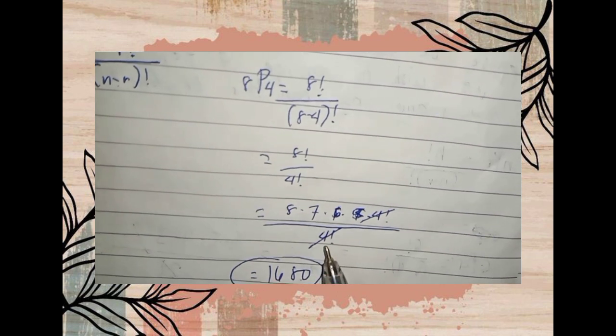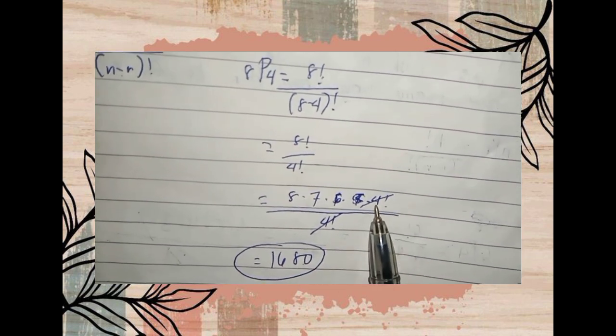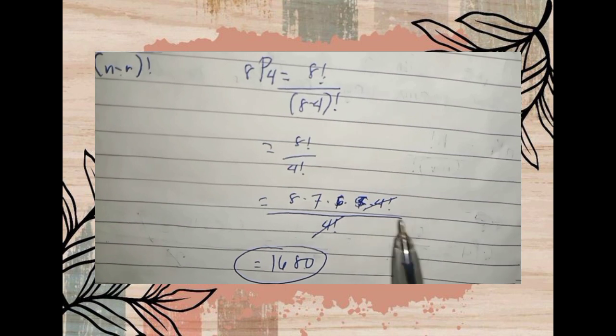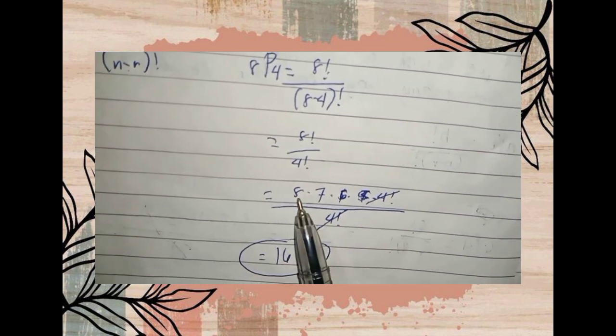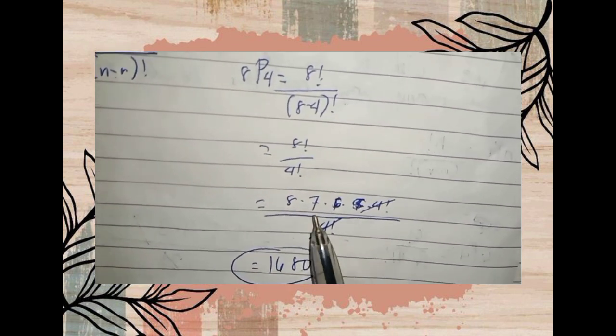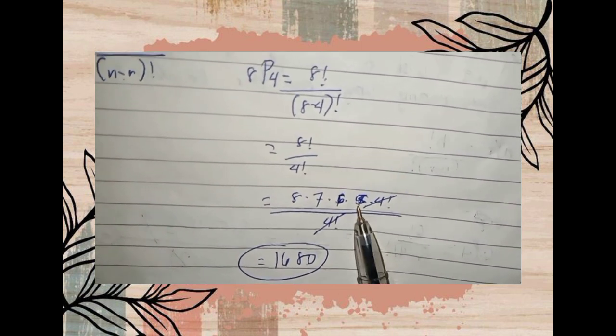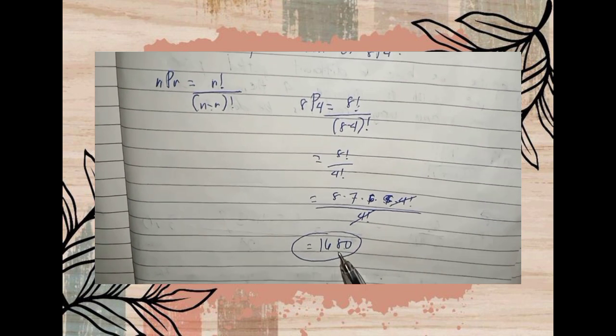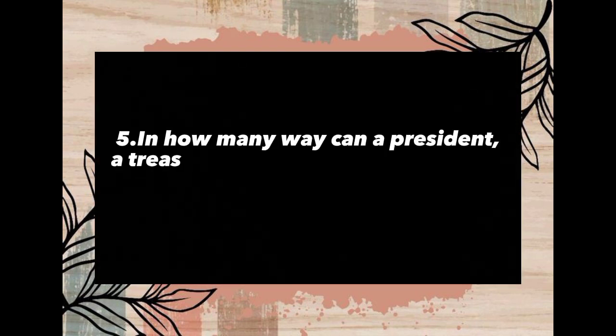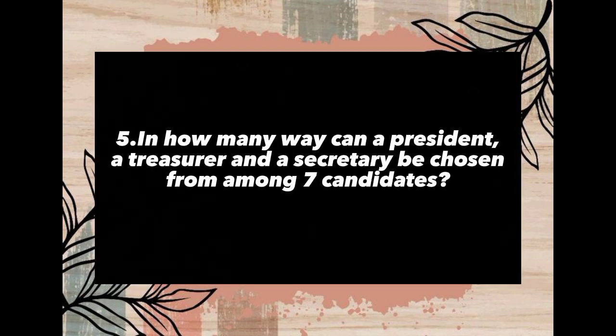Then eliminate 4 factorial and 4 factorial, then 8 times 7 times 6 times 5 equals 1680.